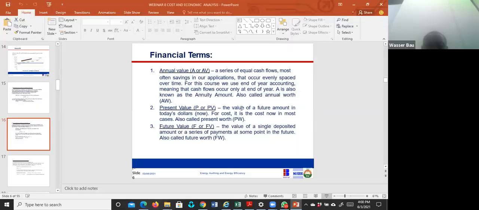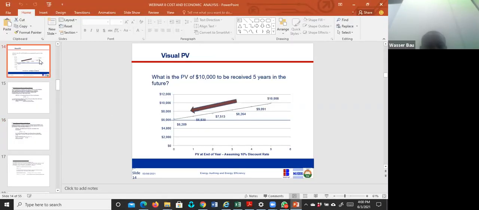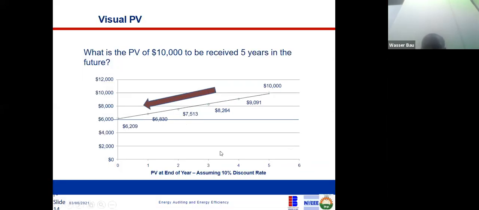Okay. So the discount rate here is 10%. So if I discount 10% from this 10,000 in 5 years' time, after 1 year, 10,000 becomes 9,091 naira. If I discount another 10%, it will come to 8,264.